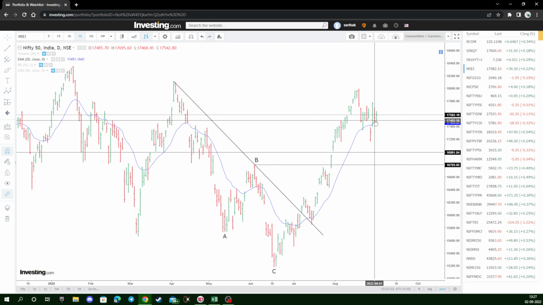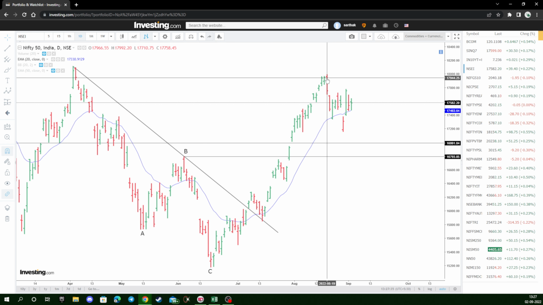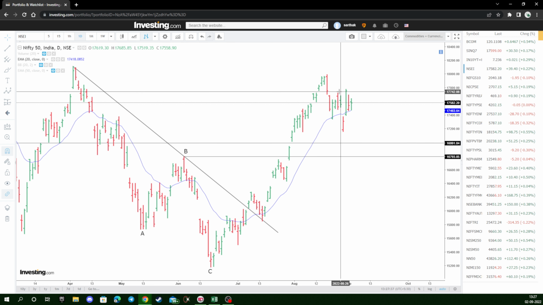The US markets have done a 5 wave decline, but that just translated into an A wave, B wave, and C wave.